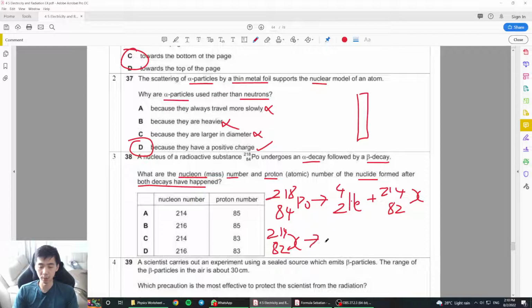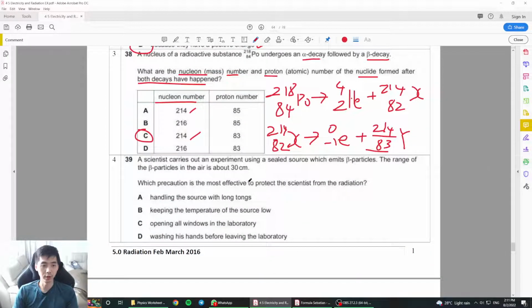And once it goes through a beta decay, it's going to spit out an electron, 0, -1, which will make it into a different element, 214, but it will be 83 here, right? So from here, they ask about the nucleon number, which is obviously 214, right? Then the proton number is 83, and that's why your answer is going to be C for this question here, guys. All right, then moving on to the next part.